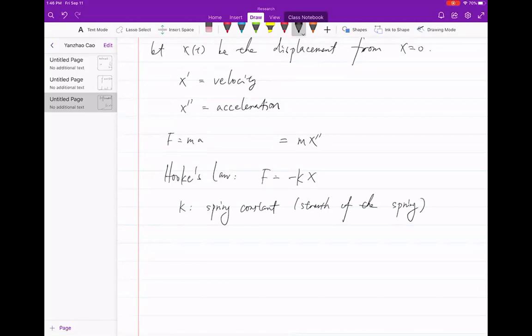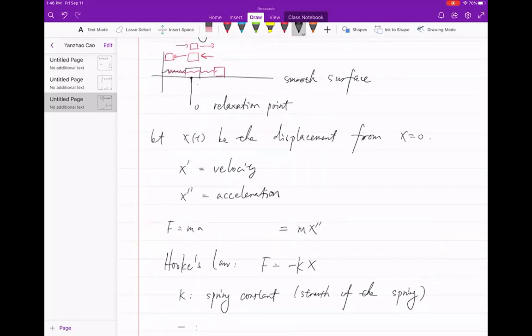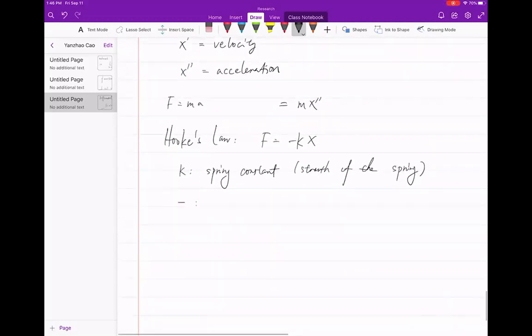The bigger the k, the stronger the force. x is the displacement, and the negative sign basically tells you if your displacement is to the right, your force is going to be the opposite. That's why it's here. Sounds good?